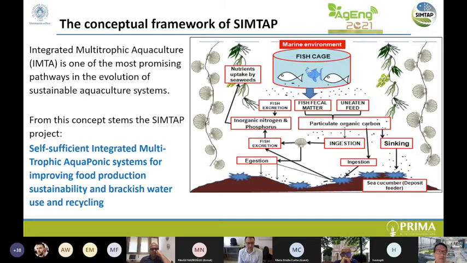The name self-sufficient refers to producing fish feed, but also to the sustainability of the aquafarming industry, and refers to the reuse of brackish water and runoff waters coming from other agriculture compartments, such as greenhouse cultivation runoff.